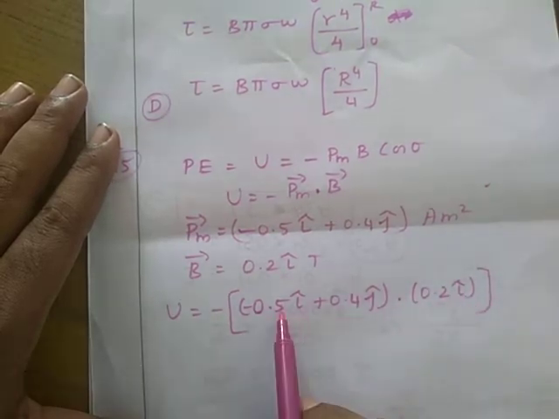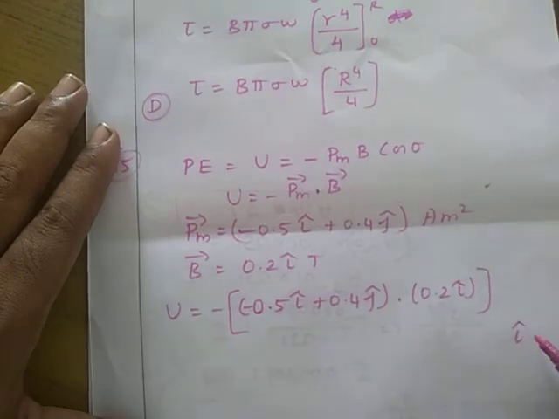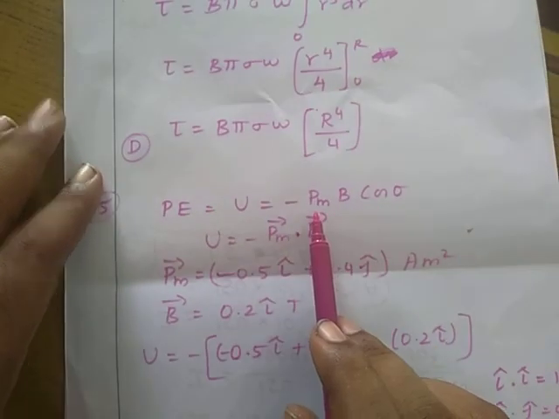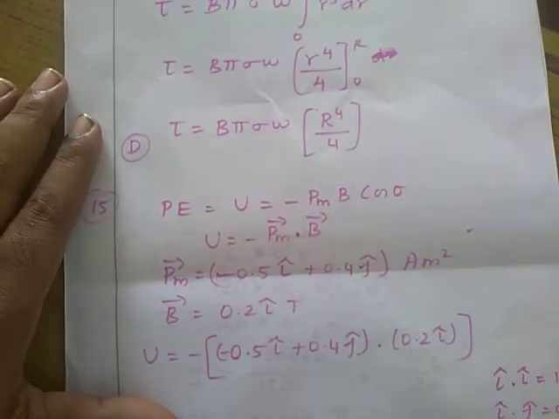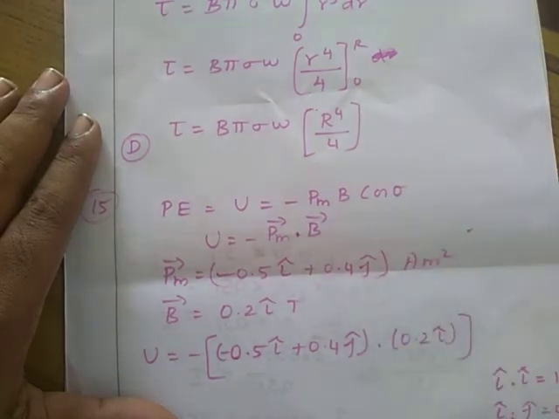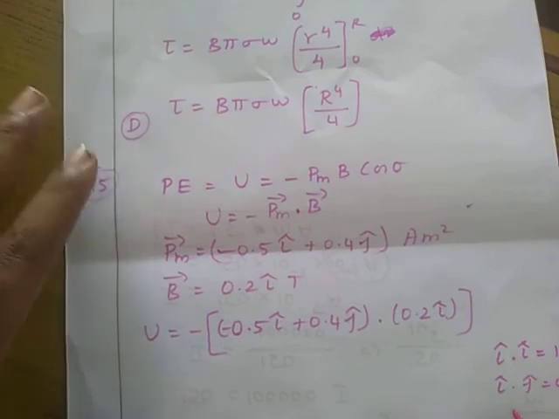I cap dot I cap equals 1. I dot J becomes 0 because it is a dot product. For I cap with I cap, the angle between the same unit vector is 0, then cos 0 becomes 1. The angle between different unit vectors is 90 degrees, then cos 90 becomes 0.